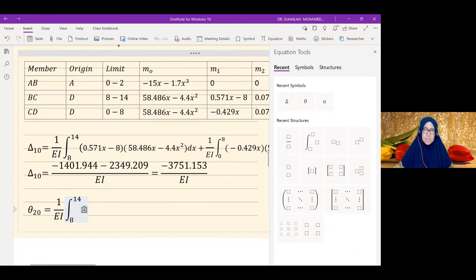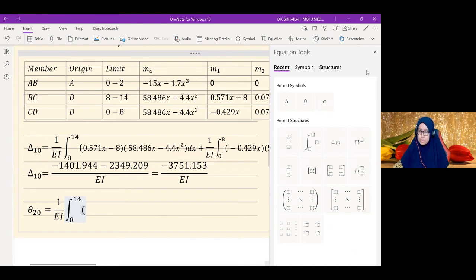Means that we actually don't need to analyze M naught for section number 1. So the equation is M2 times M naught.